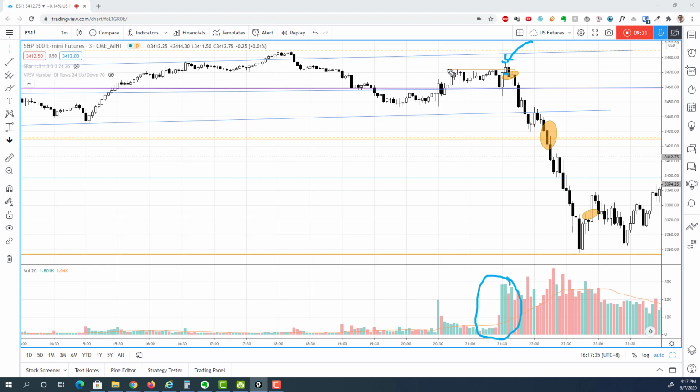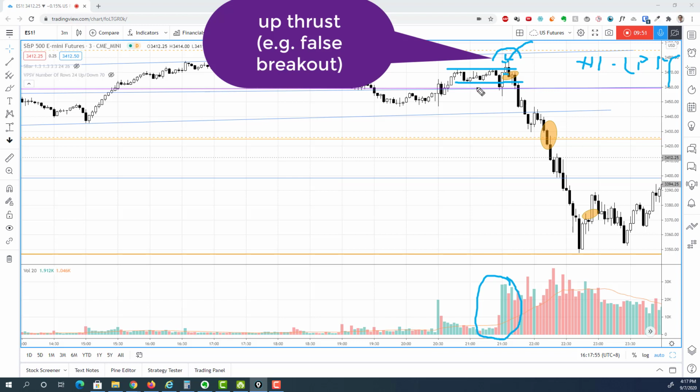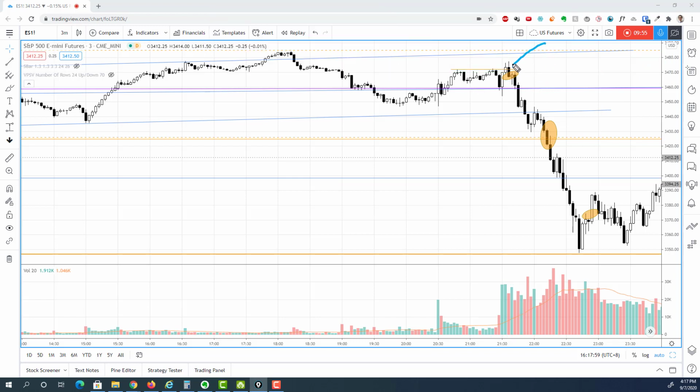And to read in conjunction with the context, in the H1 time frame it is a possible LPSY, the last point of supply, and in this 3 minutes time frame, it is a relatively small trading range creating this kind of upthrust action. What we need to see is the confirmation, which is the subsequent bearish bar, which just reverses and goes back inside this small trading range.